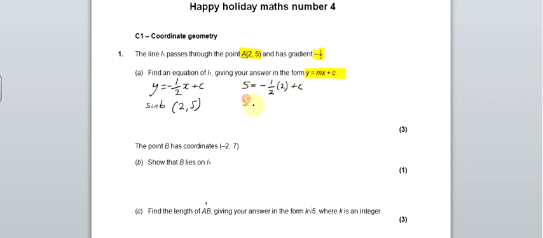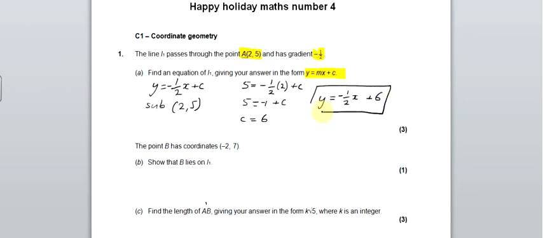So 5 is equal to minus 1 plus c. So c must be equal to 6. And to finish off, we've got y is equal to minus a half x plus 6, and that's 3 marks.